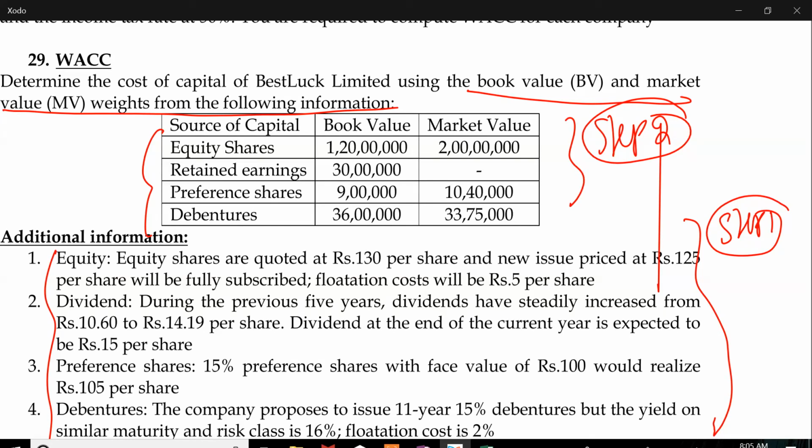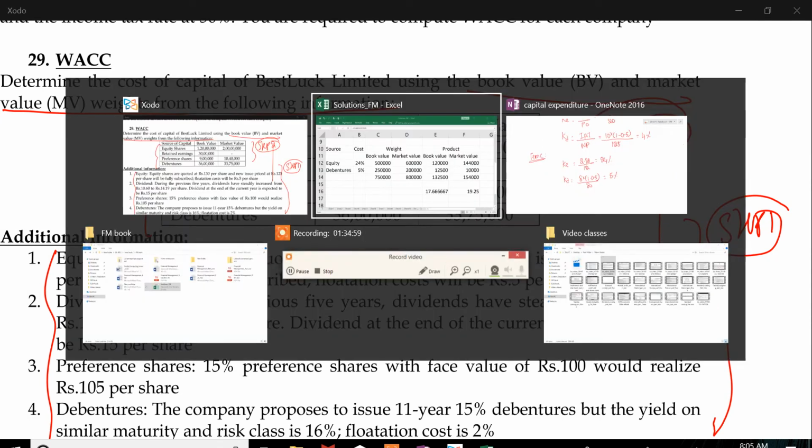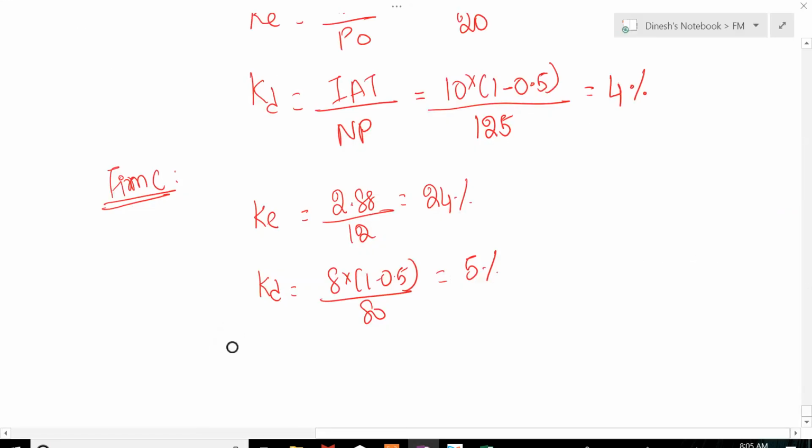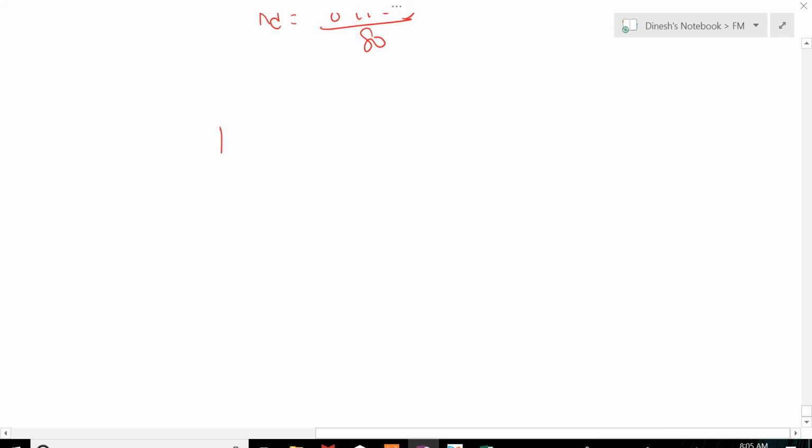KE equal to D1 by P naught minus F, plus growth rate.